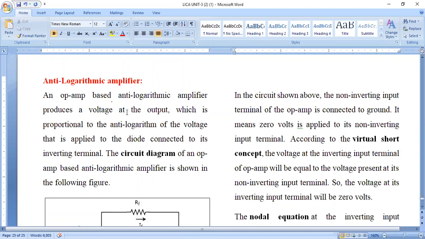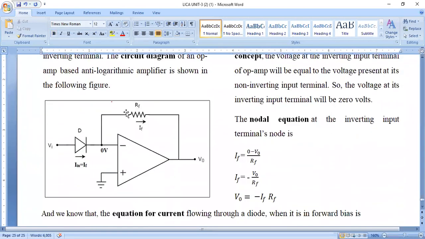The basic anti-log amplifier can be obtained by using a diode or transistor connected to the inverting terminal of the operational amplifier. We will clearly analyze the behavior of the output voltage for this circuit.